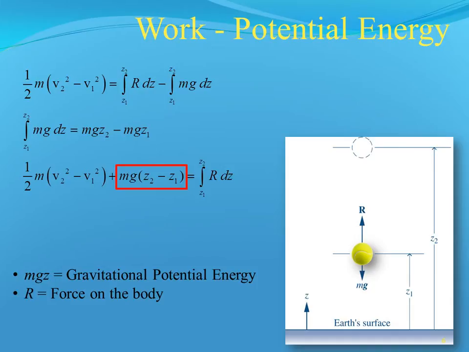So you can imagine if you had a ball in your hand and you were to apply a force to that ball and move it upward and then release it, you would now be moving it a certain distance. If you look at the drawing in the bottom right, you might move it from some distance Z1 above the ground. You use your hand to apply a force R over some distance up to Z2. Maybe you release it at that point, but essentially you are increasing the height and applying a potential energy.